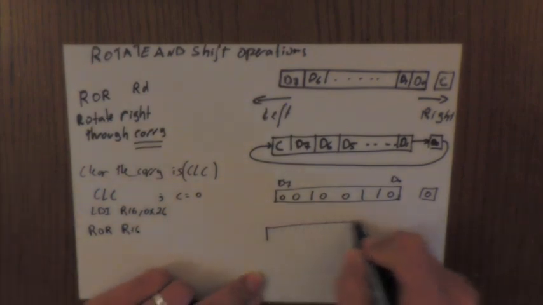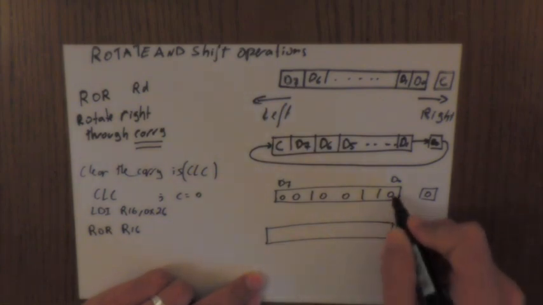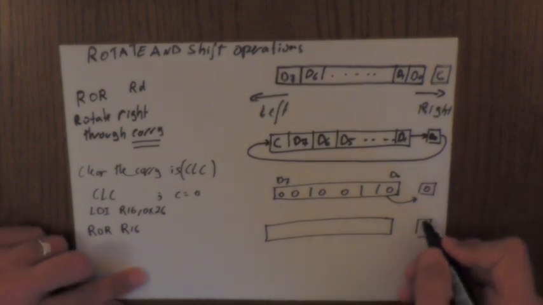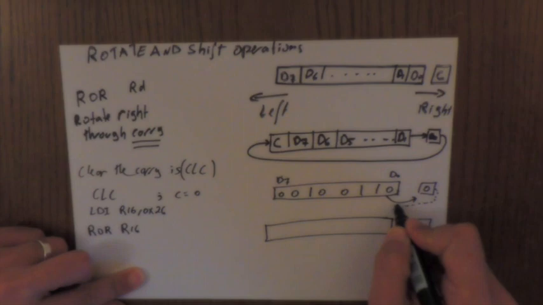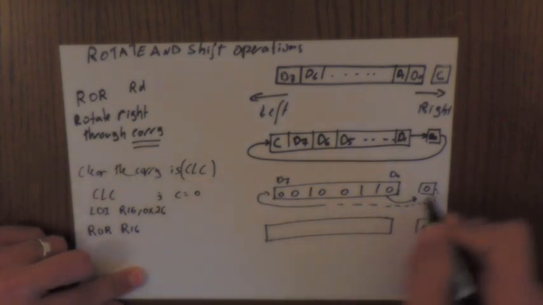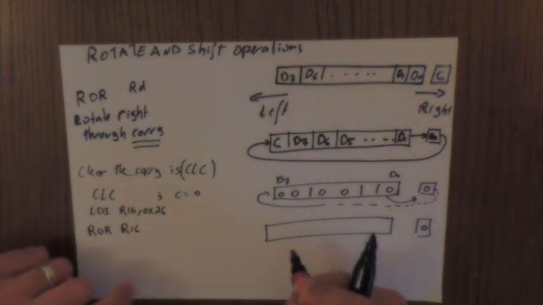Effectively, this bit will go there. The carry will actually be 0, and this 0 will go all over here. So we will have this new 0 in. I'm going to write it in a new line and a new color.